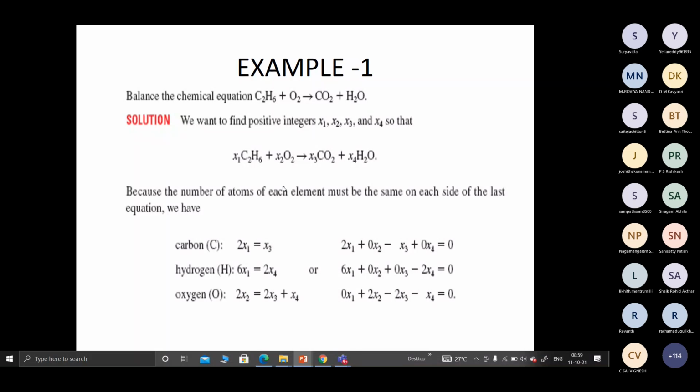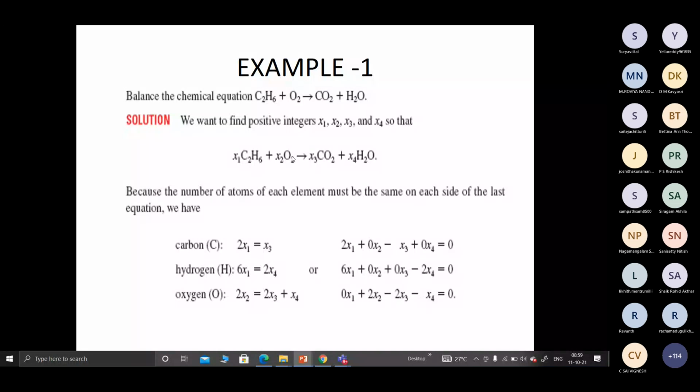Yes, sir. Hydrogen: 6x1 here, and what should be hydrogen here? 4x2, correct? 4 times, sorry, 2 times x2, 2 times x4, yeah, 2 times x4. And what is oxygen now here?